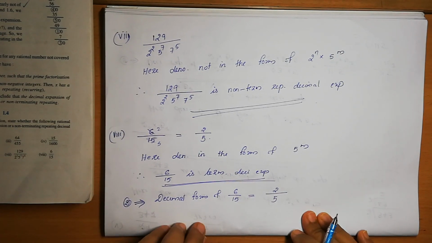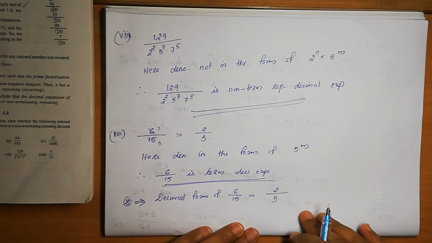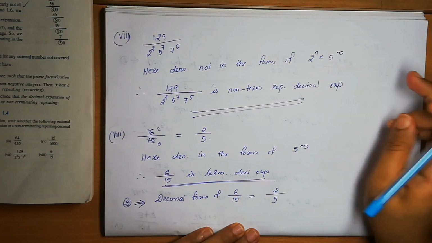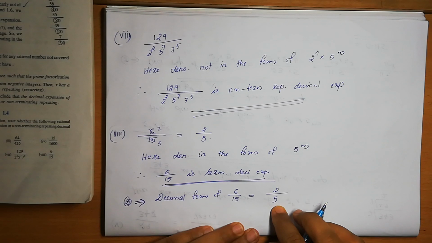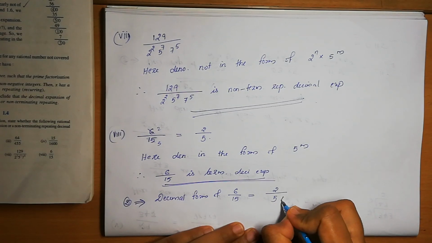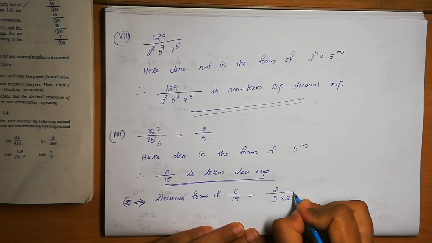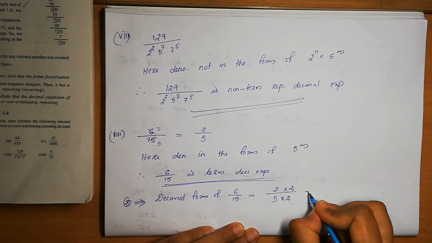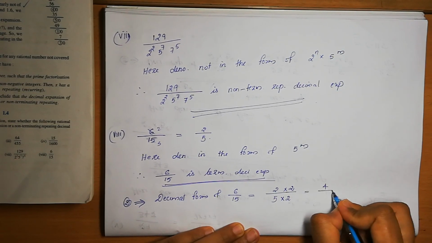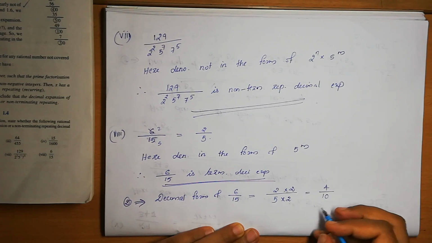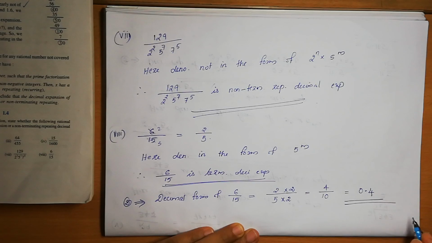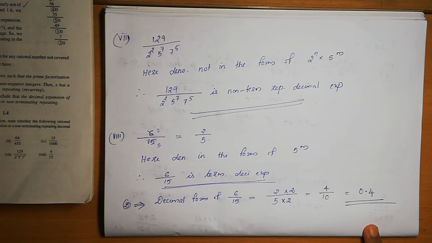So if we need to write the decimal expansion, the denominator must be in the form of 2 power n into 5 power m. Correct. Here 5 is there, 2 is not there. That means we need to multiply with 2 in both numerator and denominator in order to balance the equation. So this becomes 2 into 2 is 4, 5 into 2 is 10. 4 by 10 is 0.4. Therefore the decimal expansion of 6 by 15 is 0.4. Answer.